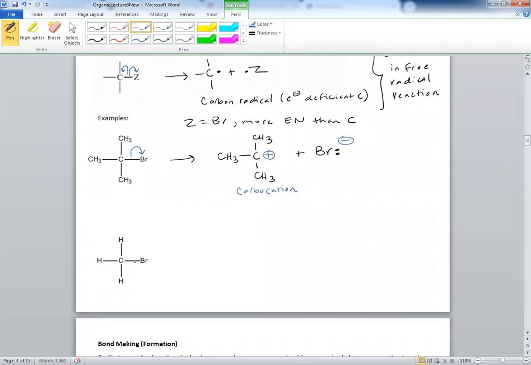Now let's do a radical reaction on this one. So this splits evenly between them. Here's one electron, one unpaired electron, and here's another one.